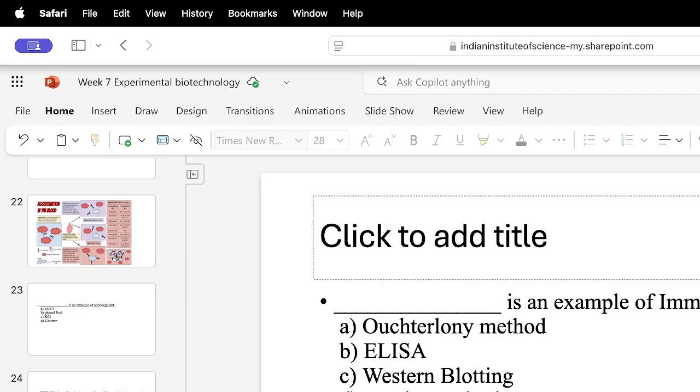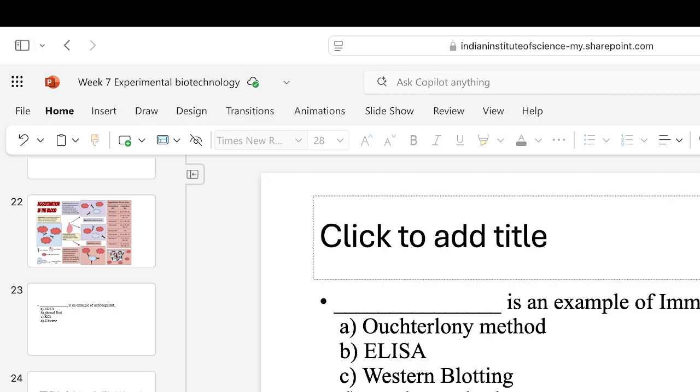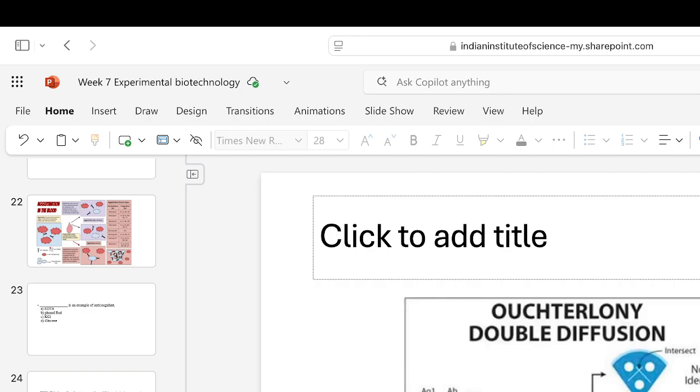Note that we are talking about immunodiffusion, not just an immunological test. Sir, it is the Ouchterlony method. Okay, so what happens in this method? Sir, in this method, the antibody binds with the antigen and the agglutination takes place. Yes. And do we have any specific patterns?